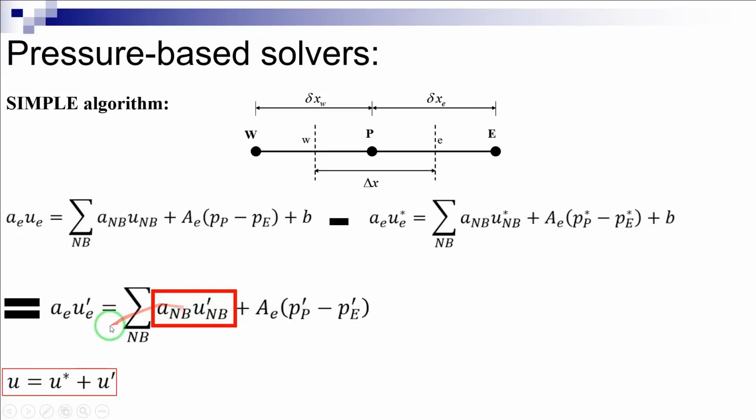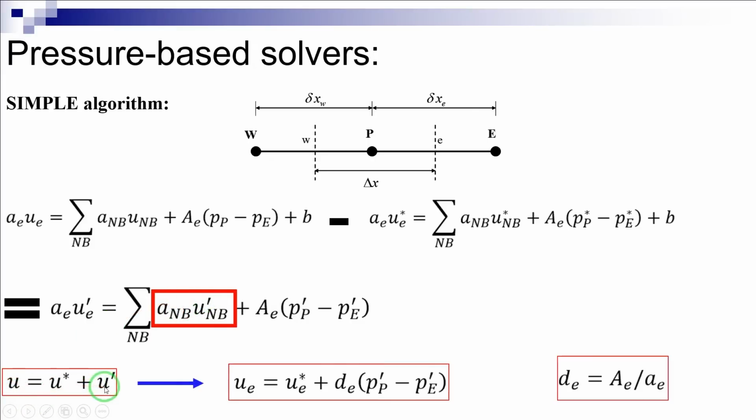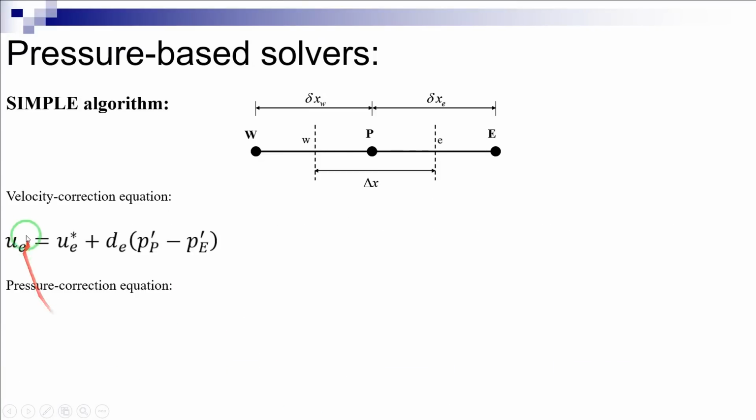Therefore, this relation here can now be written as follows, where dE is defined here. Note that dropping this term is reasonable since we are talking about the pressure correction equation, not a conservation equation. This last equation is known as the velocity correction equation.